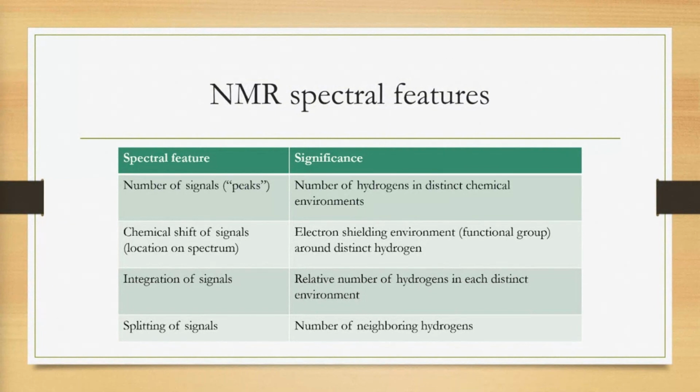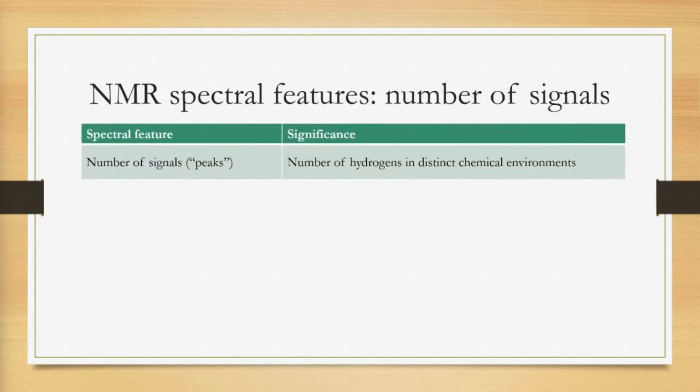So first, number of signals, or number of peaks. That again tells you the number of hydrogens that are in distinct chemical environments. We'll first look at methane. So this molecule, and we're going to focus on proton NMR or hydrogen NMR. In this molecule, there are 4 hydrogens, and they are all bonded to the same carbon.